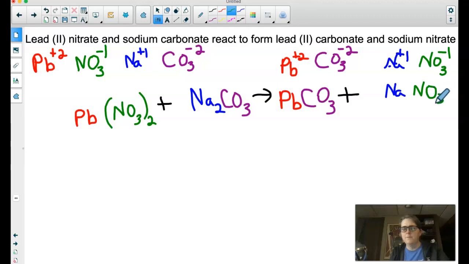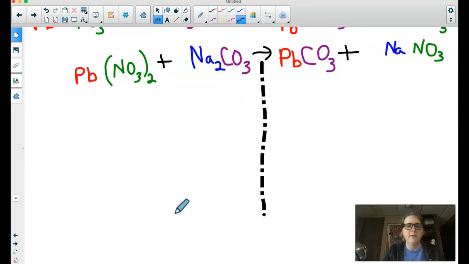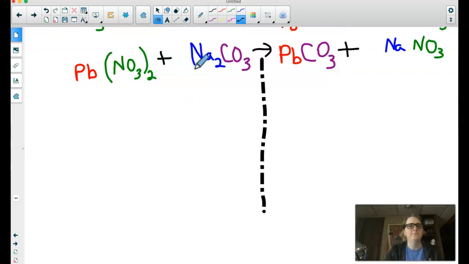Now, to think about the balancing, I like to go 1 piece at a time. So if I start with my lead, I start with 1. I'm going to go ahead and draw my particle diagram to help me get a visual of where I'm at. So I'll split reactants and products, and I'm just going to scroll down to get myself a little more space here. So if I start with lead nitrate, I've got Pb.